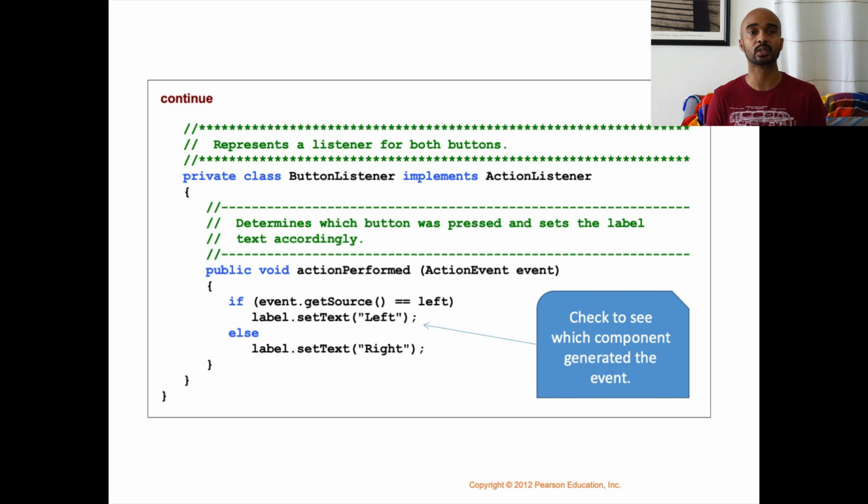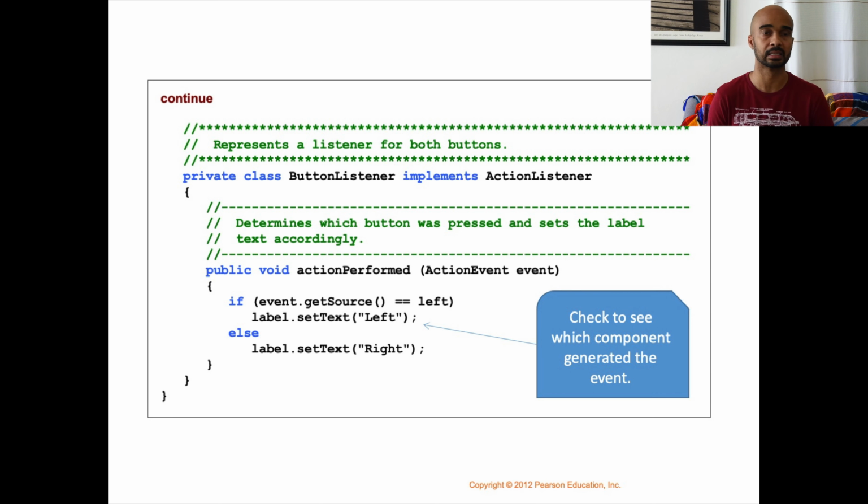Now this will be the first time that you will see us using the event object. In the previous examples, we didn't care about the event object. So I encourage you guys to check out the action event class and explore all the different methods available with it.